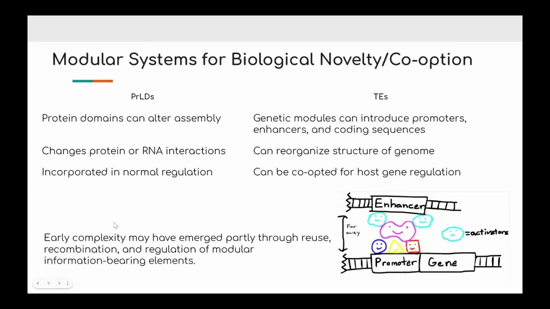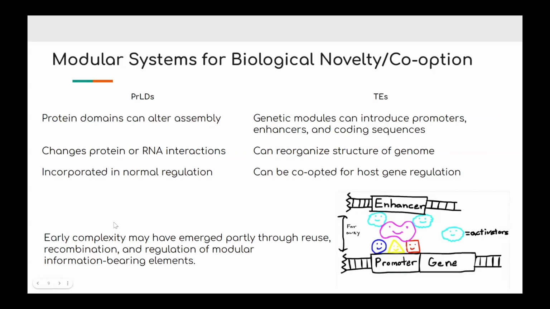Both systems can also be thought of as modular, meaning they can be reused in new biological contexts. A prion-like domain can change how a protein assembles or which proteins and RNAs it interacts with. And a TE can introduce regulatory DNA like a promoter or enhancer into a new genomic location.